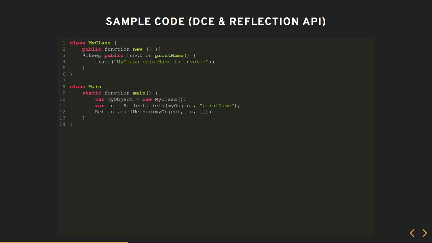It's going to use DCE, dead code elimination, to remove printName. In our case, we know that we're actually calling printName. So we're going to add a metadata tag. If you look at line 3, you see the @ symbol with keep. That's going to tell the compiler to not perform dead code elimination on this function.